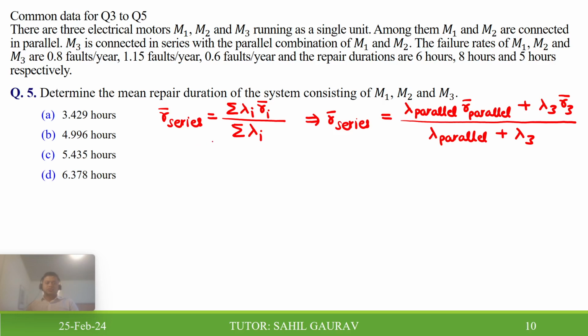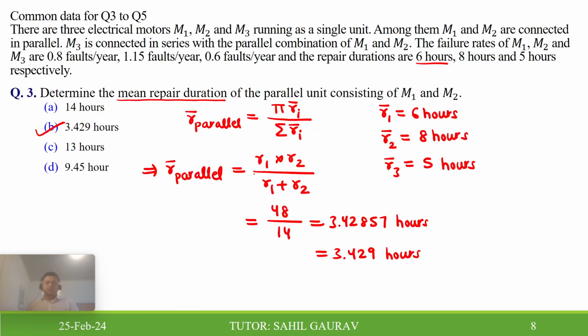So all these expressions I think we have given, like lambda parallel is given as 0.001468 faults per year, and R bar parallel we have found in question number 3.